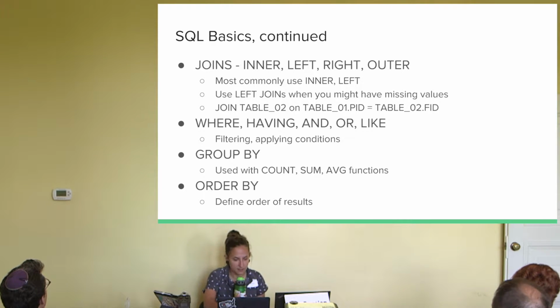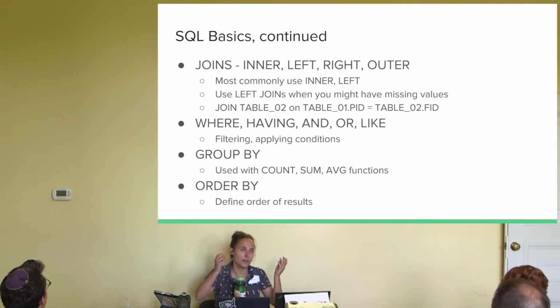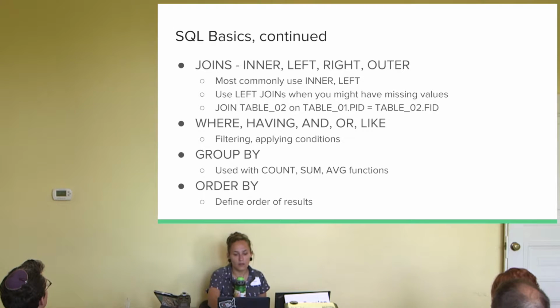And the syntax is basically like this. So you say select all from table 1, then you join table 2 on the primary key ID of table 1 and then the foreign key of table 2. So I can show you, because that is a little hard to explain, obviously.